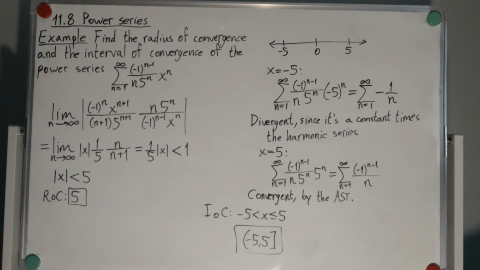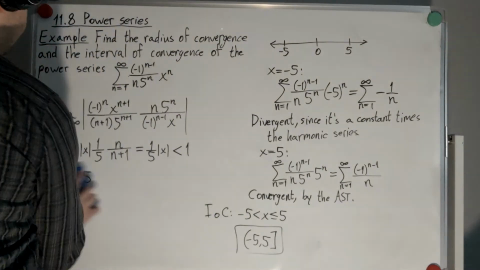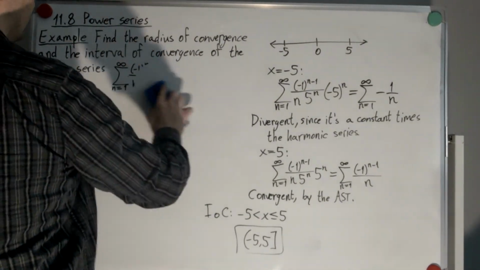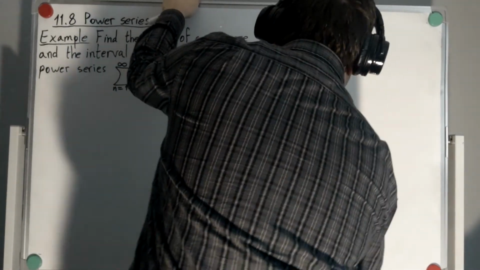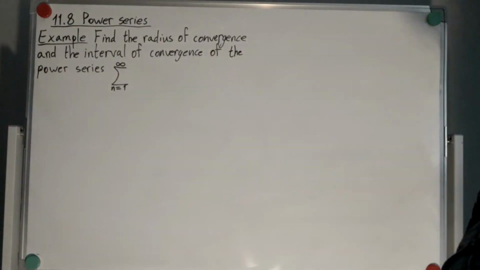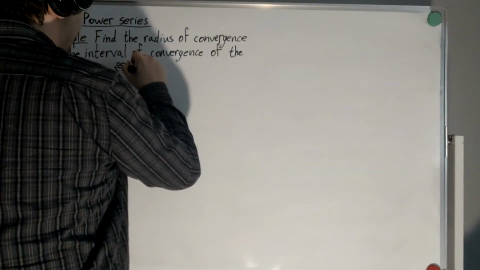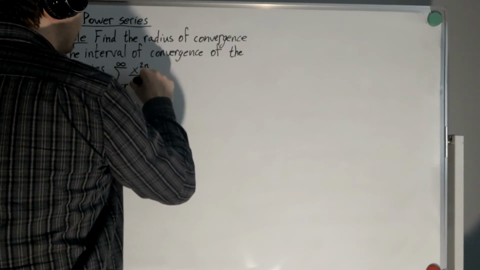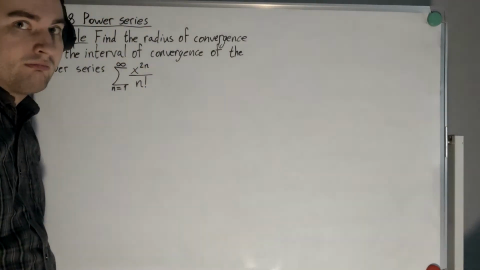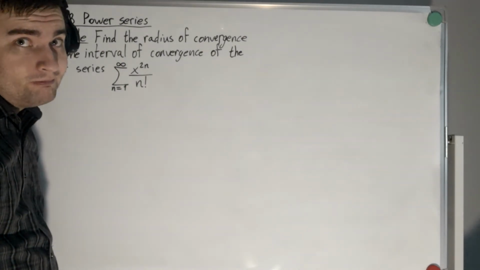Okay, I suppose here's another weird one. So this one is going to be the sum from n equals 1 to infinity of x to the 2n divided by n factorial. Now at first, this might not look like a power series at all.